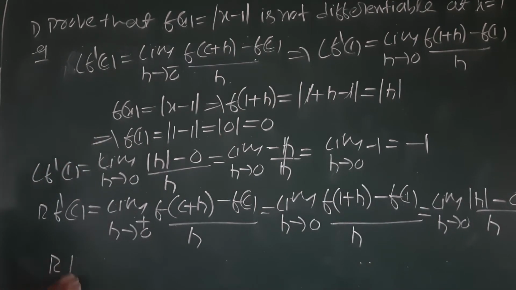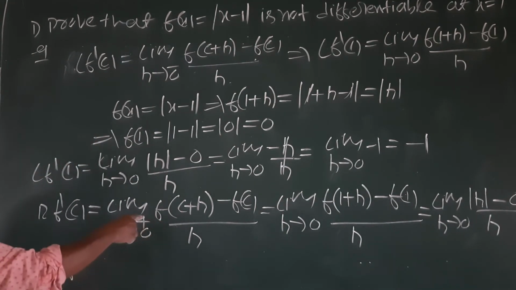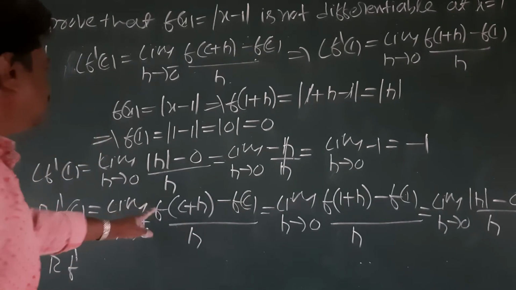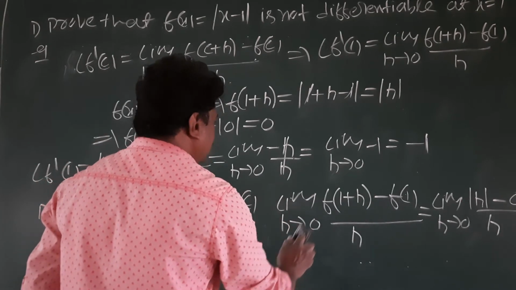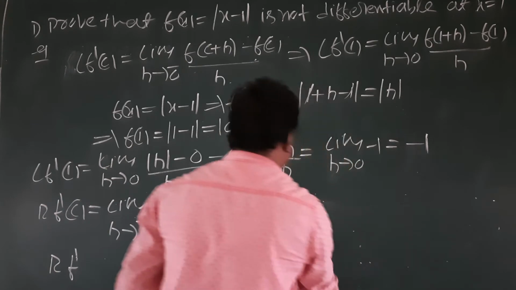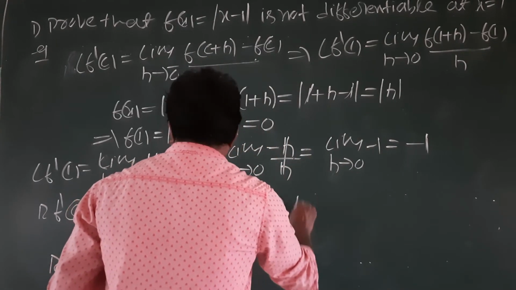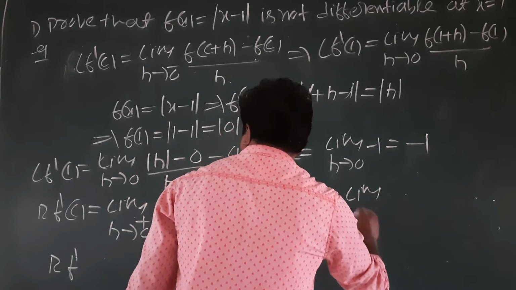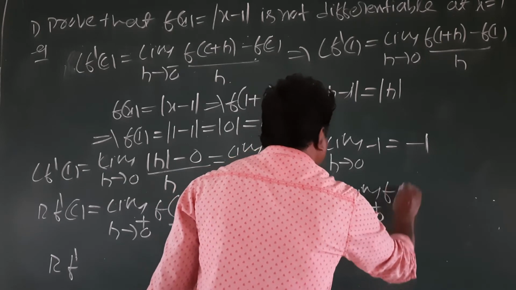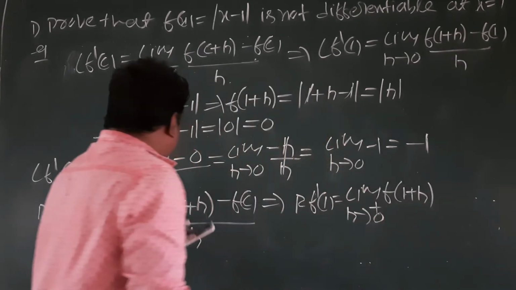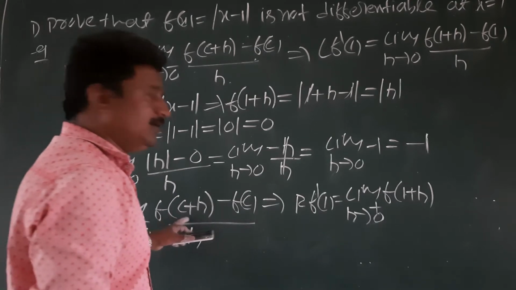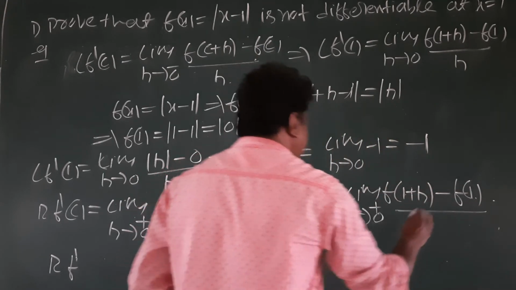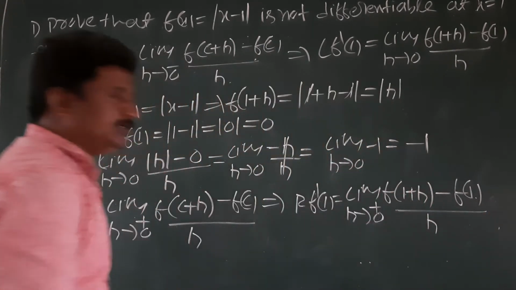R f dash c, R f dash 1. So R f dash 1 is equal to limit h tends to 0 plus, f of 1 plus h, replace c by 1, minus f1, by h.